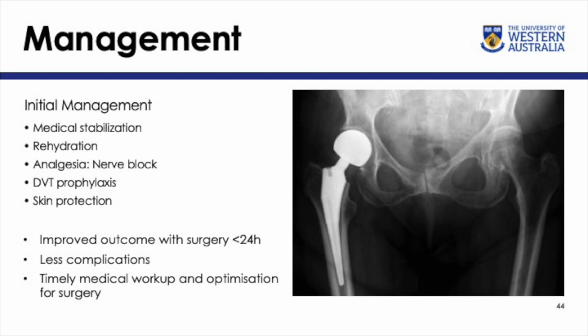Initial management for these patients is medical stabilization, rehydration, analgesia, which is best provided by a nerve block to avoid the adverse effect of strong analgesics in an elderly population. We should not forget DVT prophylaxis and skin protection to avoid pressure sores.